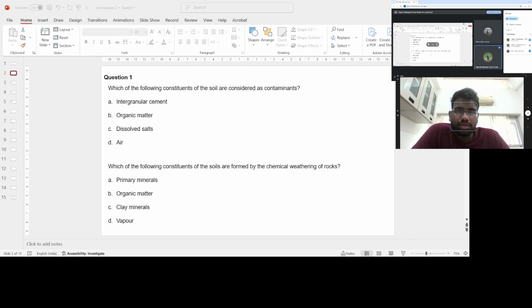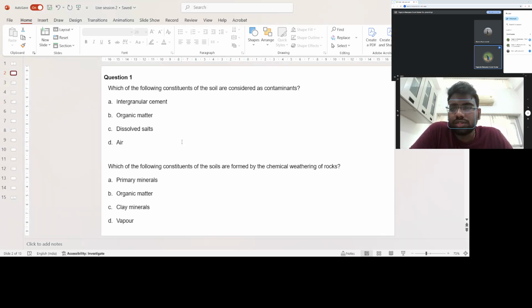So we have to eliminate the options. Let us go by the options. Intergranular cement, if you consider, it is an intrinsic component of the soil, which occurs during the formation of the soils itself.